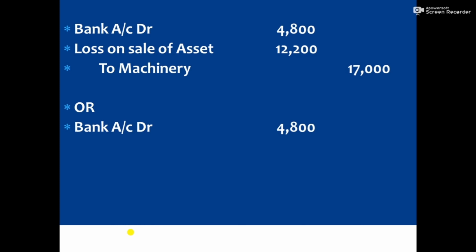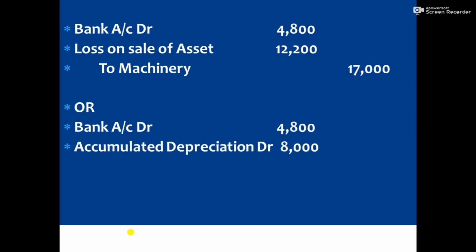If you were following accumulated depreciation method, the journal entry on sale of asset will be like this. Bank account debit, that is the net amount you received on sale of asset, 4,800. Accumulated depreciation account debit, that is the depreciation so far. First year 3,750, second year 4,250. Therefore total accumulated depreciation 8,000 related to the machinery. Debit that amount.